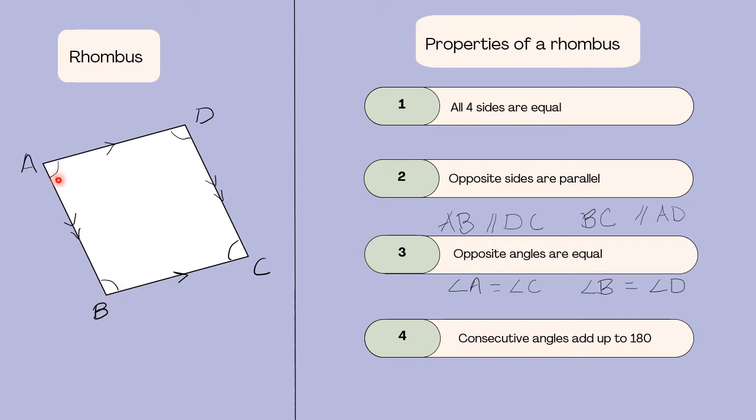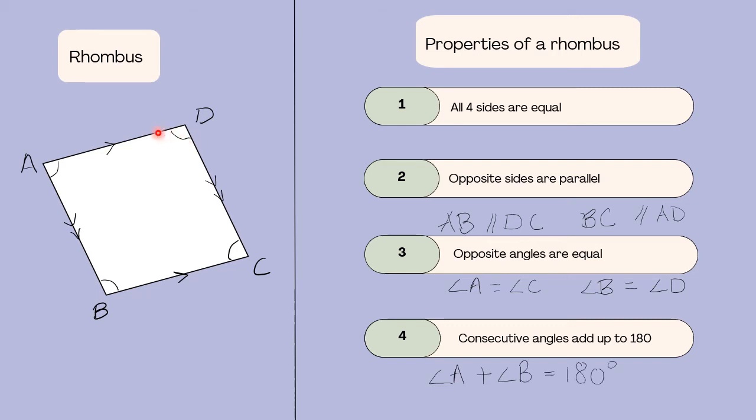So for example, angle A is say 90 degrees. No, this shouldn't be 90 degrees. Let's say this is 80 degrees. So this should be 100 degrees because these two, when you add them together, they are equal to 180 degrees. So angle A plus angle B equals 180 degrees.